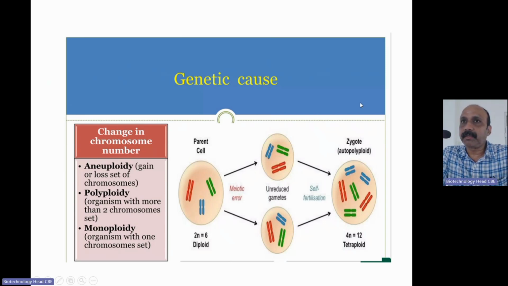So the genetic cause: aneuploidy, or gain or loss of chromosomes. From a parent cell with six chromosomes, there can be some meiotic errors during the culture, so that there can be unreduced gametes. During meiosis, with 2n equal to 6, 1n should be 3.